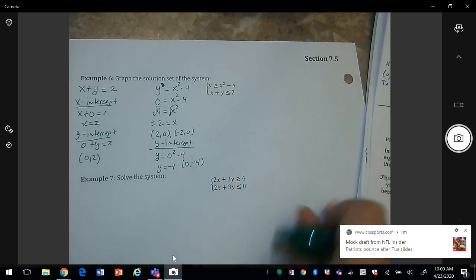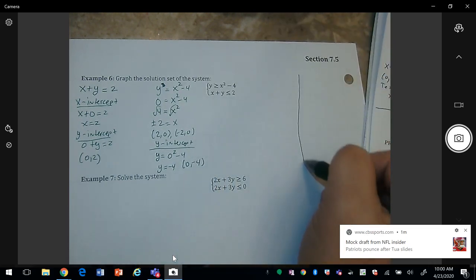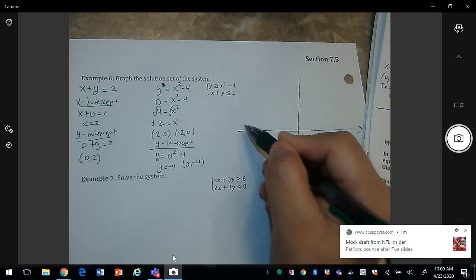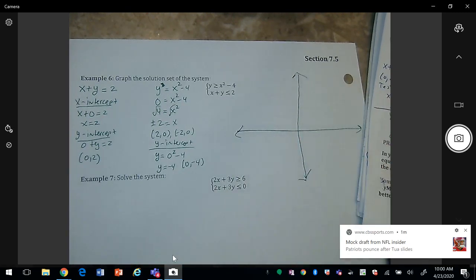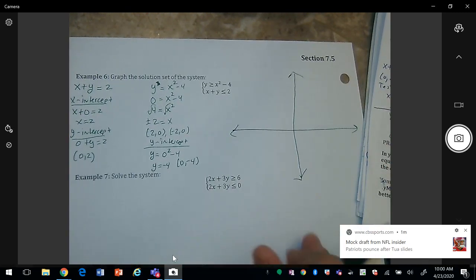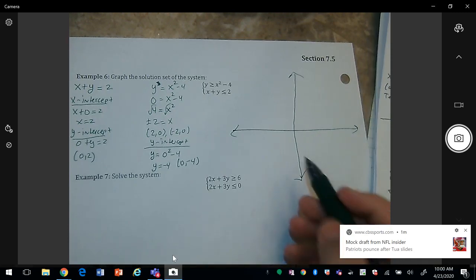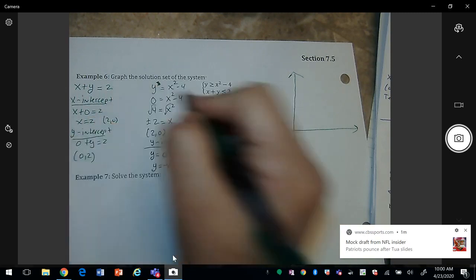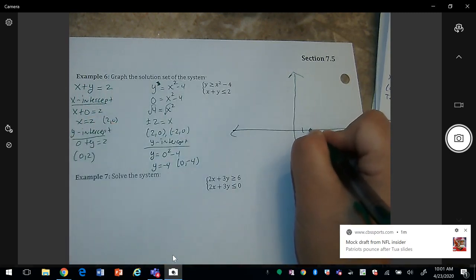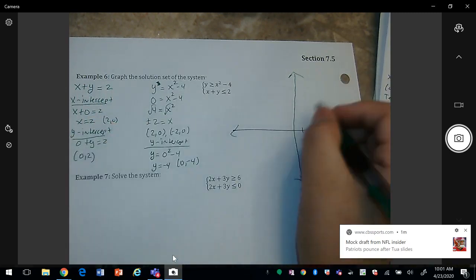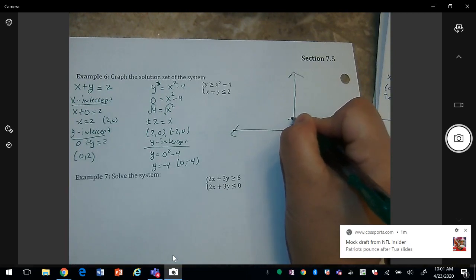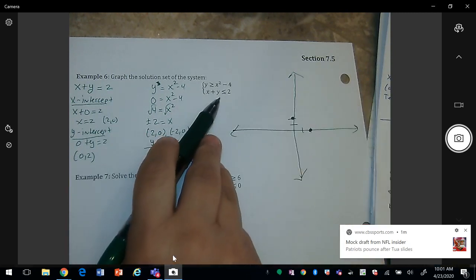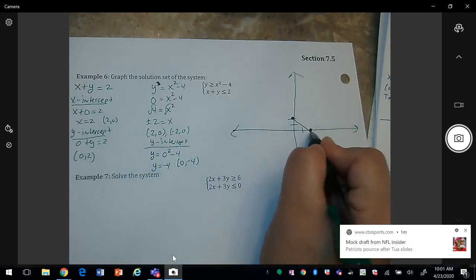So we need to plot or graph these equations. So the first line or equation is a line, and our x-intercept here is at 2, 0. And then our y-intercept is at 0, 2. This is going to be a solid line.